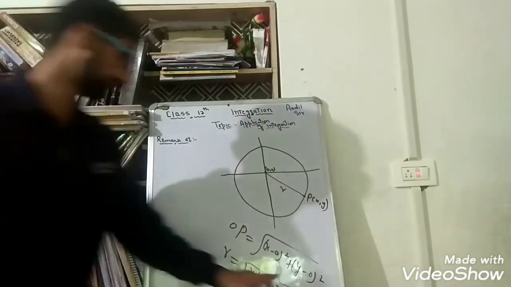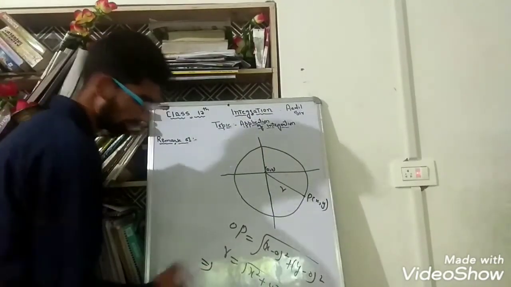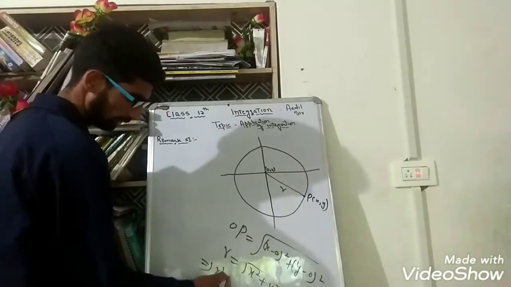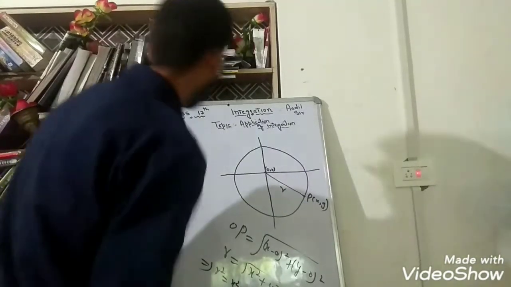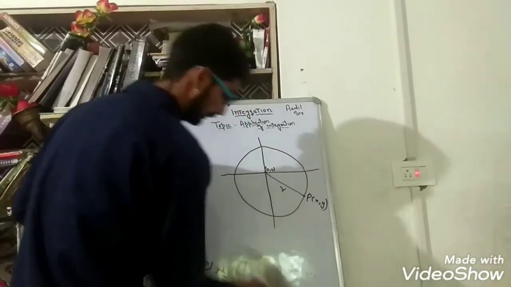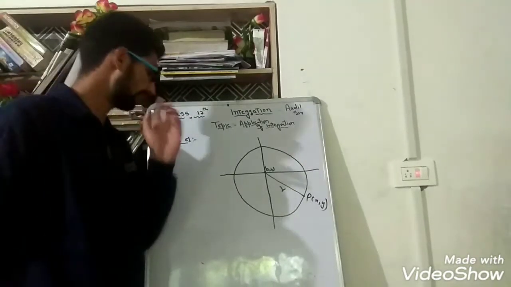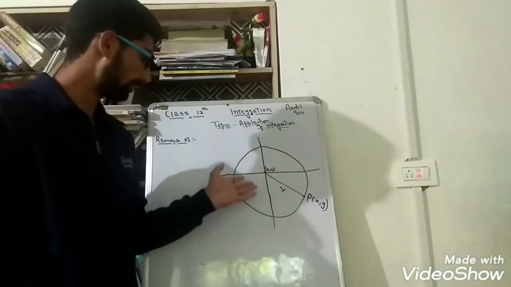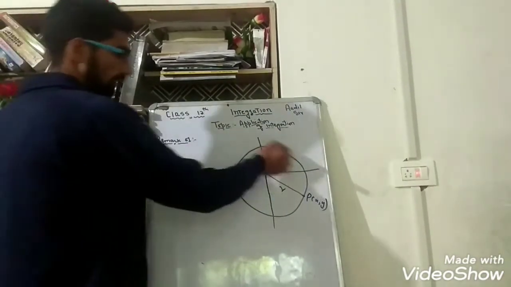Now if I square both sides, I get r square equal to x square plus y square. So if I have a circle whose center is the origin (0, 0) and radius is r, I get this curve.